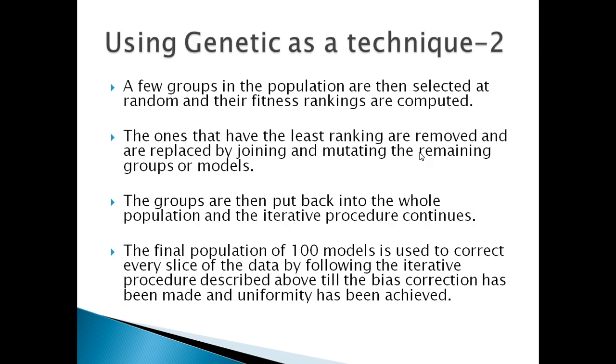The models are then put back into the whole population, and the iterative procedure keeps continuing. The final population of 100 models is used to correct every size of data by following the iterative procedure we have previously defined. Once the bias correction has been achieved, obviously uniformity has been achieved.